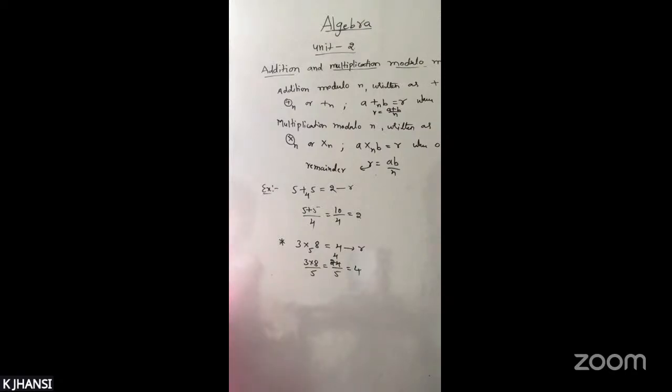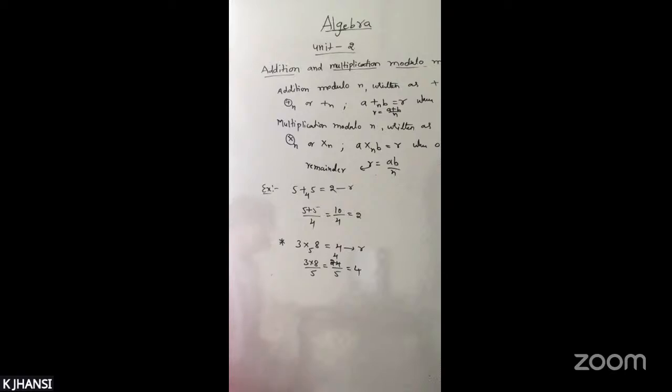On addition and multiplication modulo, we'll have problems where a set of integers will be given, that is Z10 or Z8 like this. Whatever integers are there will be in the form 1, 2, 3, 4 up to n minus 1 elements. One set will be given, and from that set we have to show that it is an abelian group with respect to multiplication modulo 10.